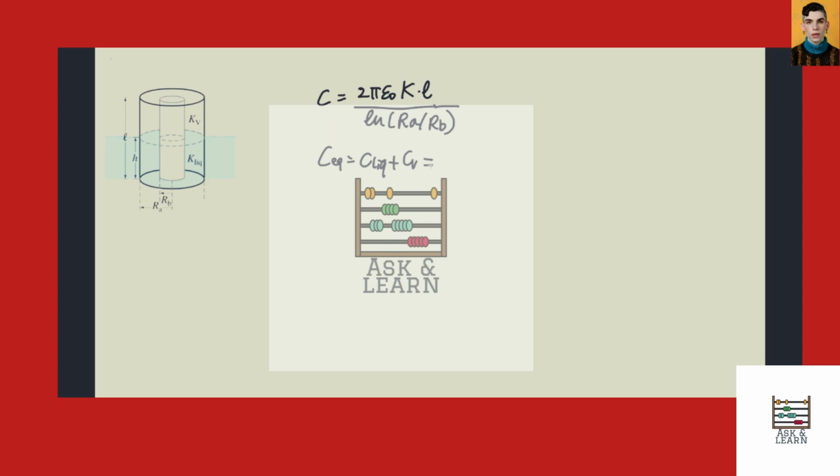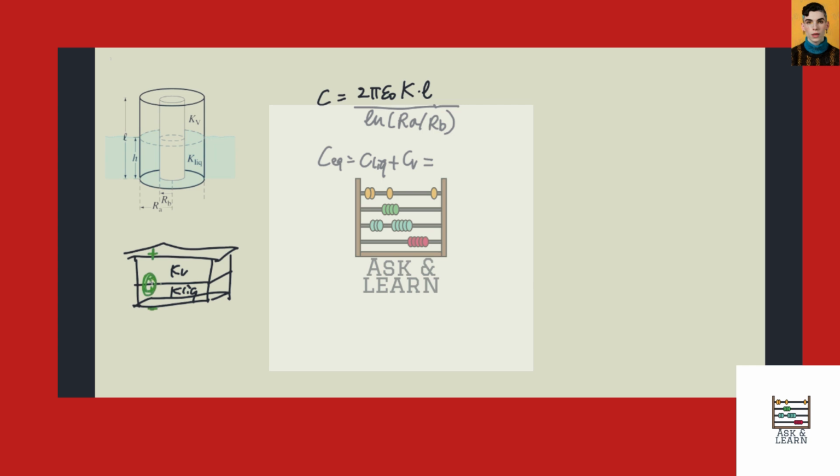I know some people might think that this looks like two capacitors in series. But if we have a parallel plate capacitor that has two dielectric materials like K vapor and K liquid, this will be in series, because the bottom of the top material and the top of the bottom material are at the same potential.